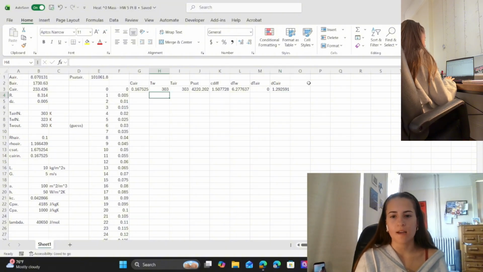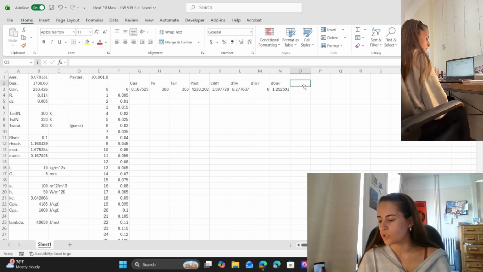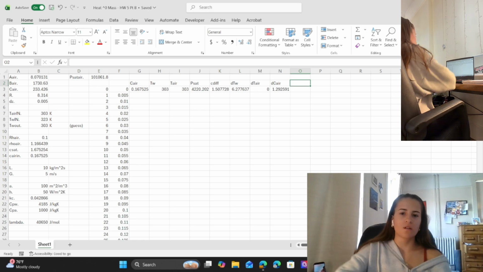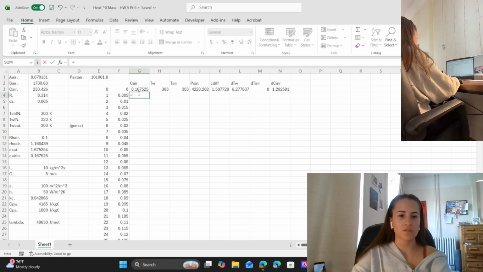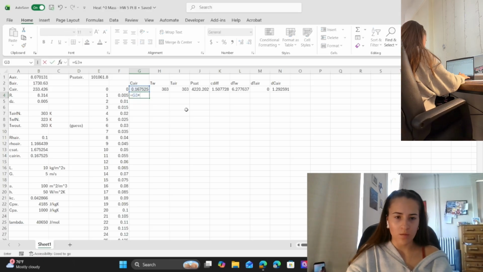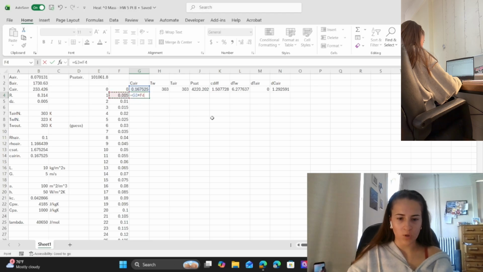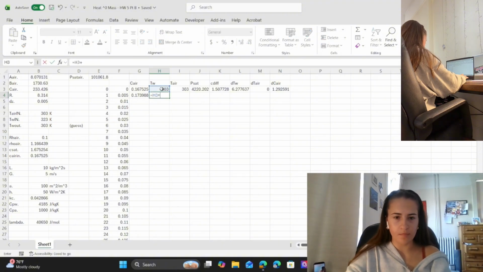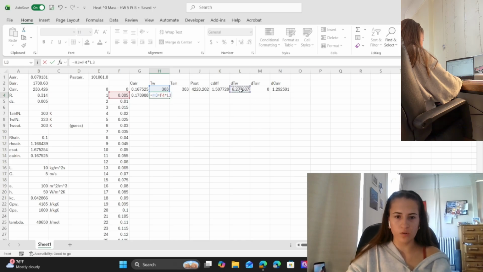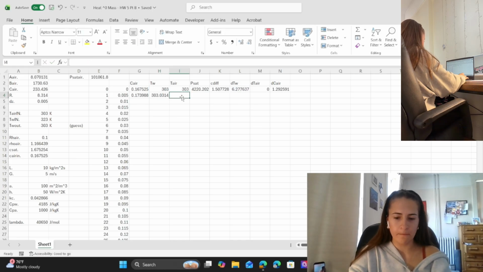So perfect. Now that we have those initial ones plugged in, so now we're going to do what we always do, which is take where we are plus current position times that differential for each of these values.